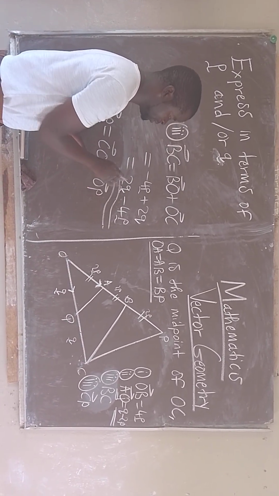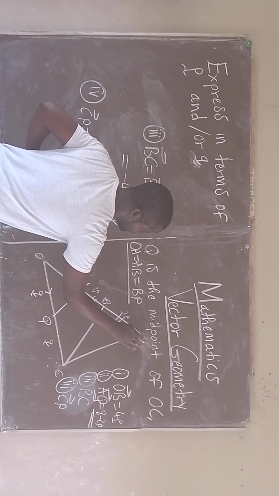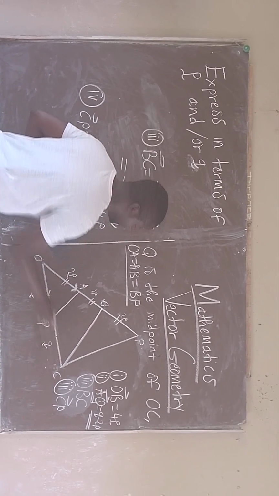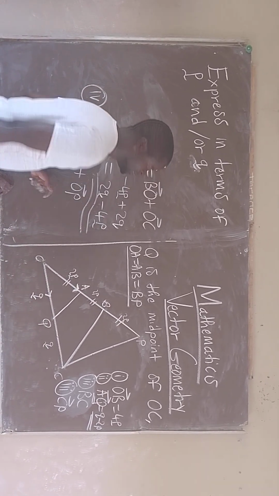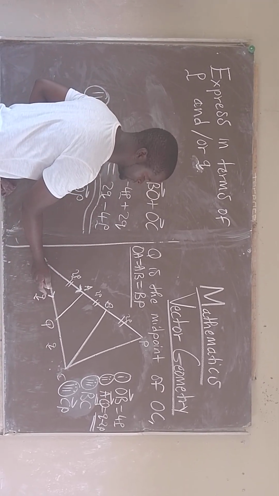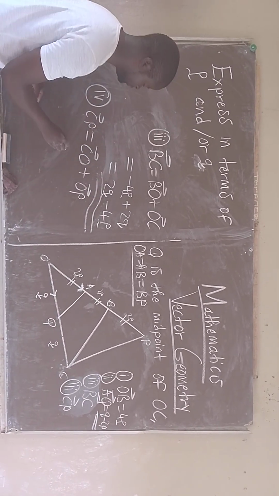Though this time around, we can't go by that route of using CB and BP. We can get the same answer, but we can just go by using the direct route so that we can get the final answer. So now we are going to say CO, we are going to go against this direction. So if this is 2Q, we are going to get a negative 2Q.